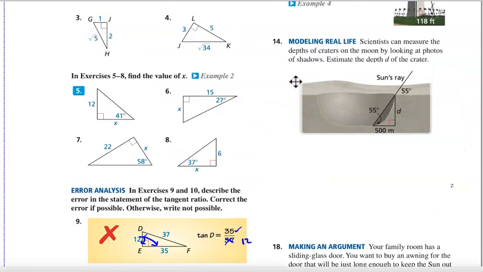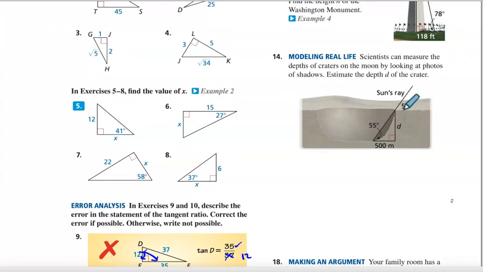Okay, cool. So here we have, we're looking for D. So here's my triangle. And I have a 55 degree angle here. So I can write the tangent of 55 degrees is equal to the opposite, which is going to be D, over the adjacent, which is going to be 500.